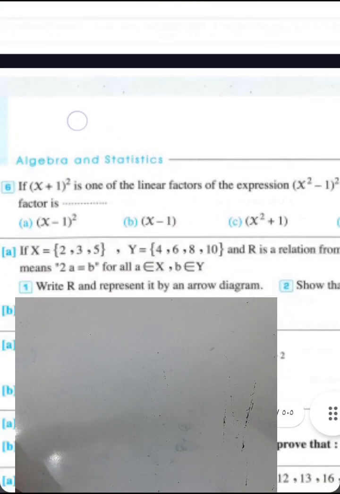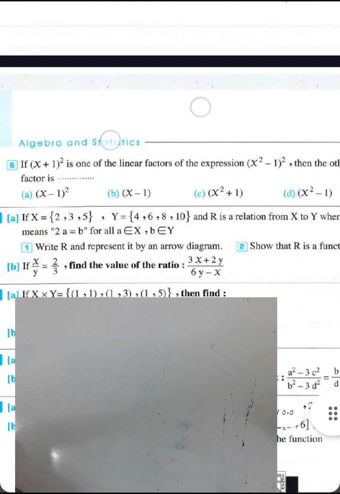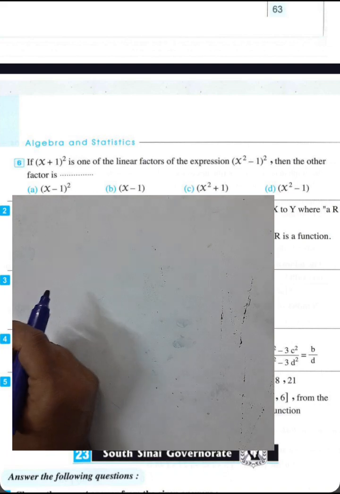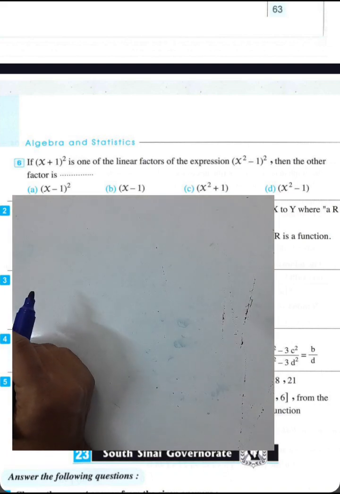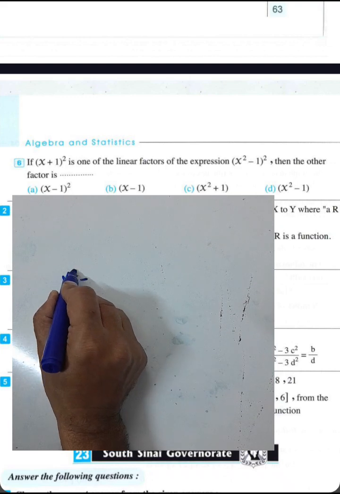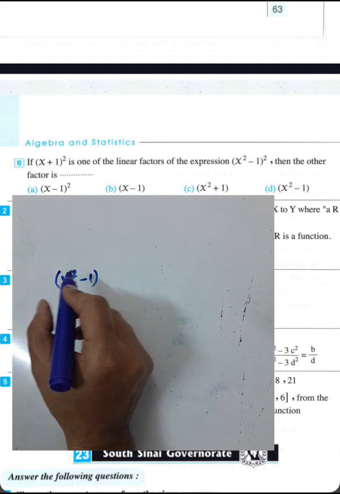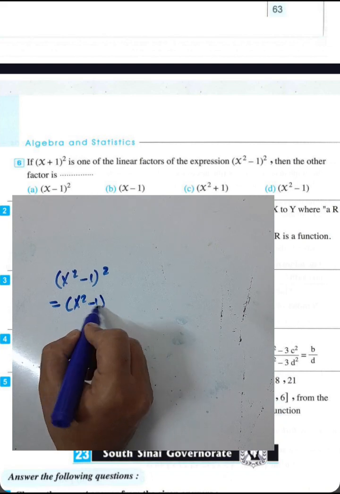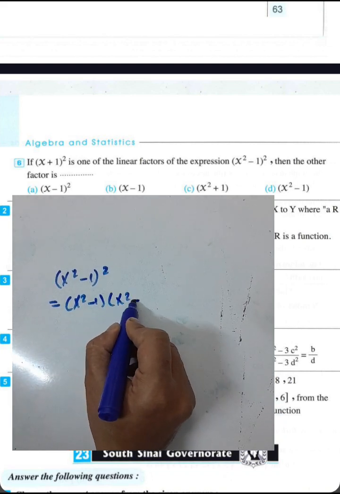Question number 6. If (x plus 1) all power 2 is one of the linear factors of the expression (x power 2 minus 1) power 2, find the other factor. We can write the expression: (x power 2 minus 1) all power 2. We can factorize this: (x power 2 minus 1) times (x power 2 minus 1).